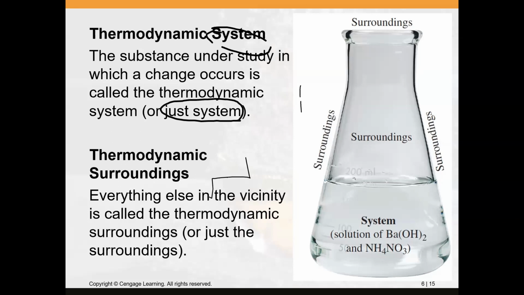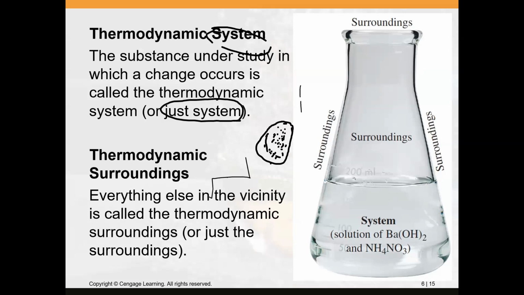Assuming now you have a cup. If you take this cup as a system, it means that anything outside this is considered a surrounding. So the system depends on what you consider to be your system.